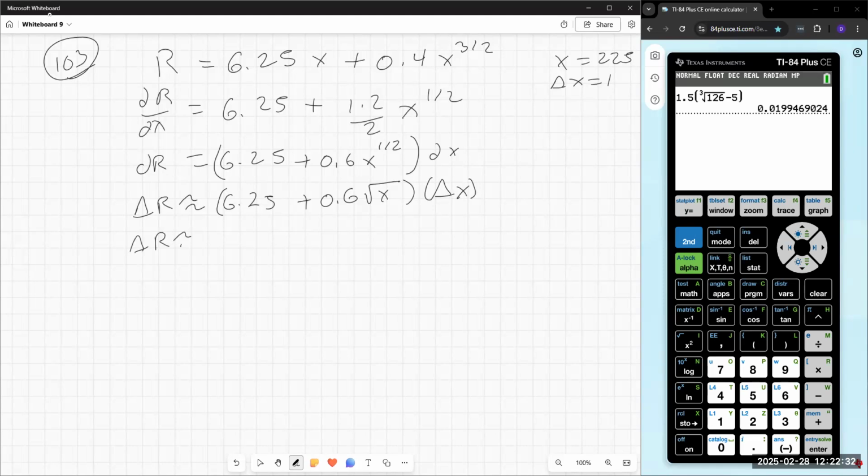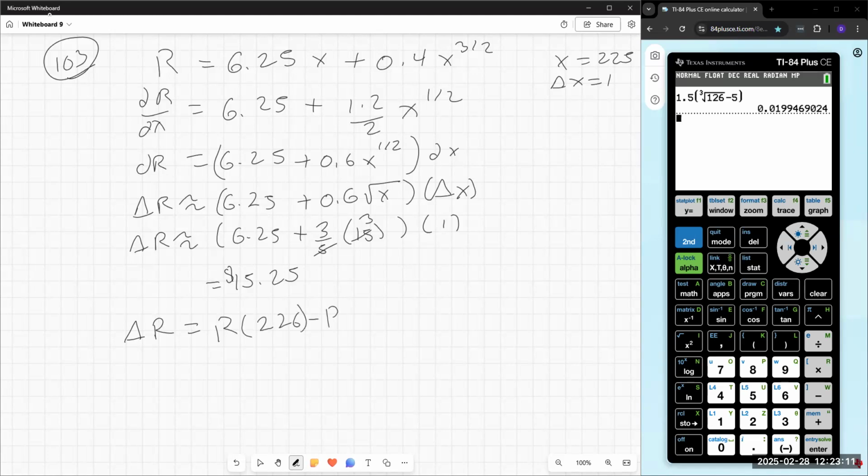Delta R is approximately 6.25 plus 3/5 times the square root of 225, which is 15. 5 goes into 15 three times, 3 times 3 is 9. So that makes this 15.25.